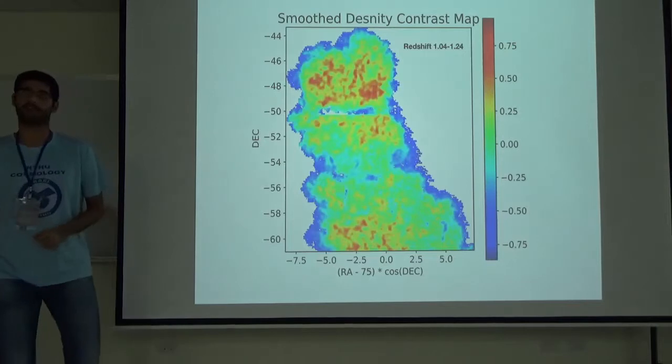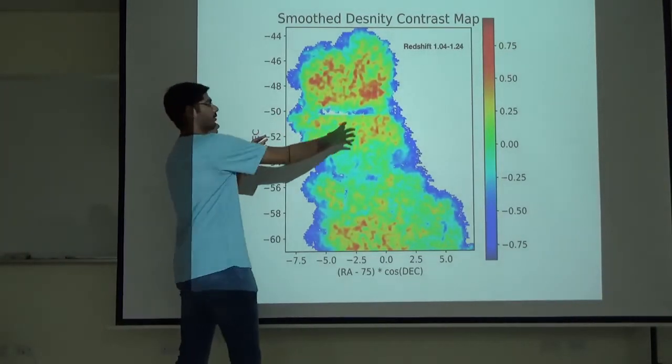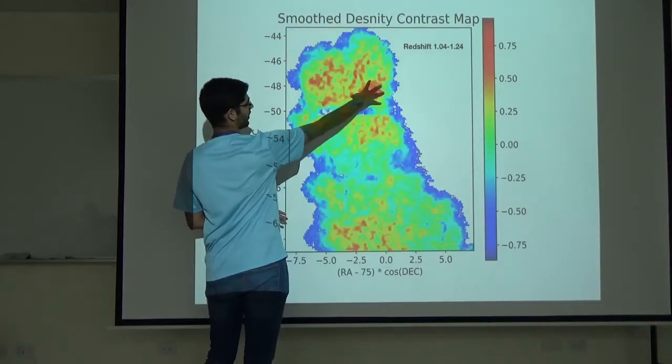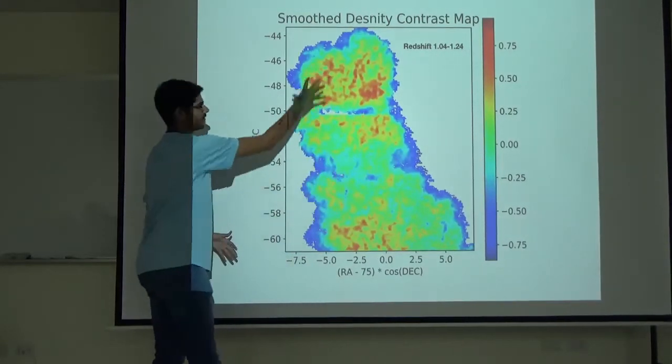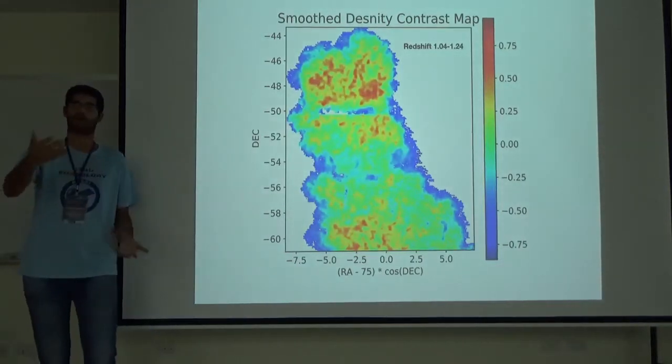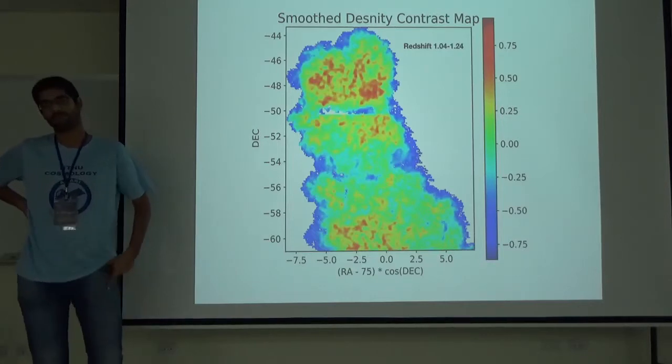That is how we make it. We can increase the size of our circle. This is 100 megaparsec. So we are looking at bigger circles all over the field, and we look at how overdense it is comparatively.